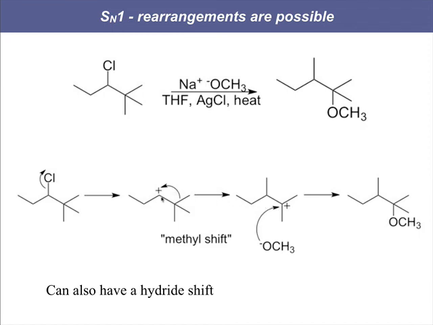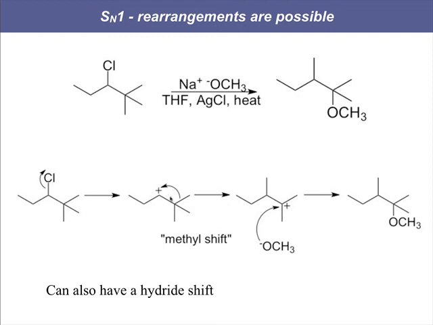Theoretically, if we could make a primary cation, it would shift to make a secondary or shift to make a tertiary if possible. But the likelihood of making the primary cation in the first place, remember, is very low. So usually we're going to be looking for a secondary to a tertiary shift, or a secondary to a resonance stabilized shift, or perhaps from a tertiary to a resonance stabilized shift.